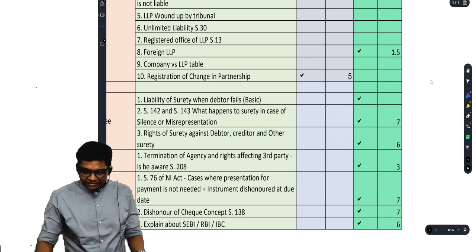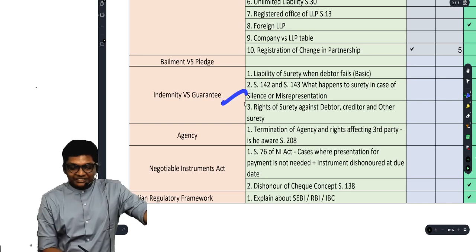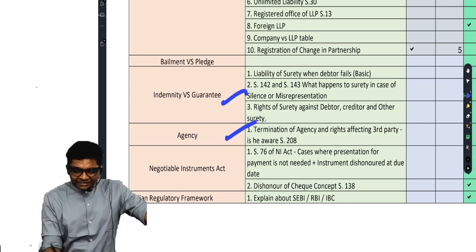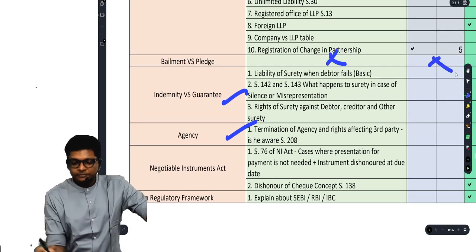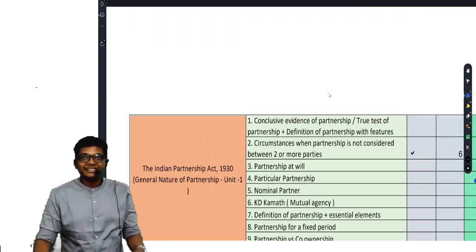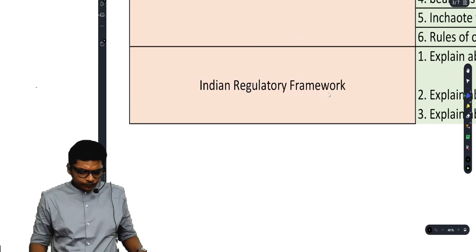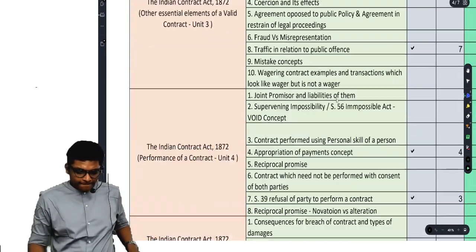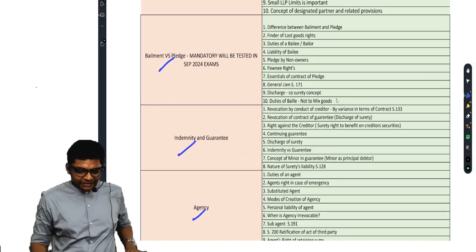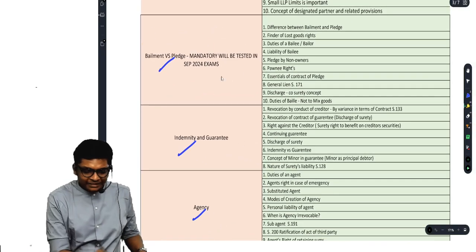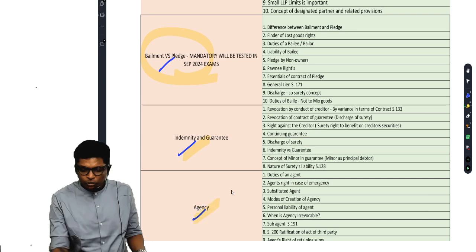Indemnity and guarantee was tested, 3 questions came. Agency came for 1 question. Bailment, they didn't even test. They didn't even test bailment in the latest exam. That means this time they will definitely test bailment, and pledge will be tested in your September 24 exams, and other concepts may also repeat.